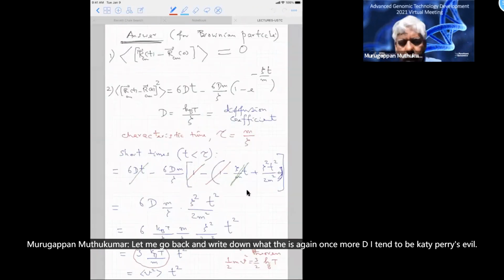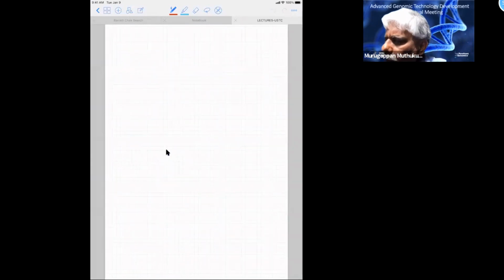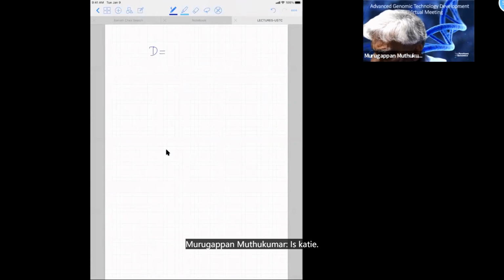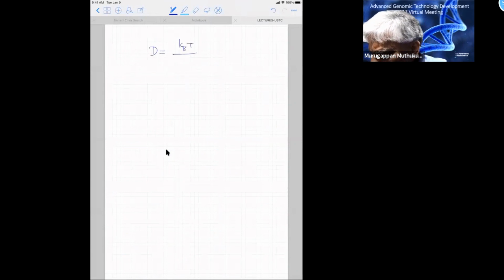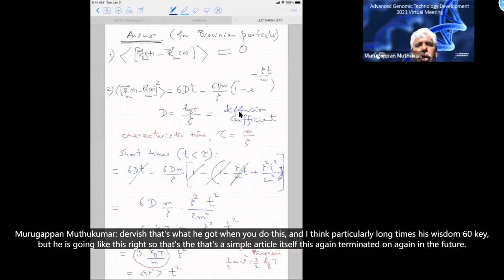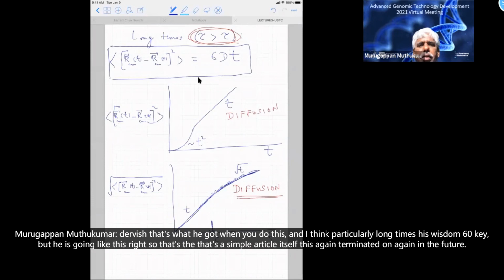Again, I have written D to be kT over zeta. This is Einstein's result. That's the derivation, that's what he got. At asymptotically long times, this becomes 6Dt, where D is given by this. That's the asymptotic result. This is diffusion.